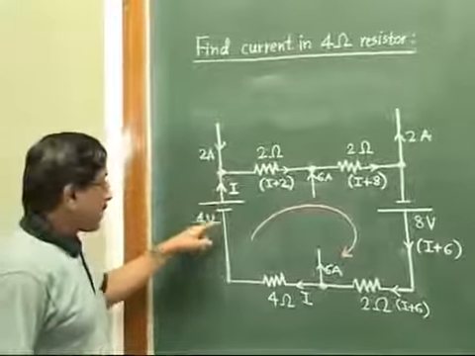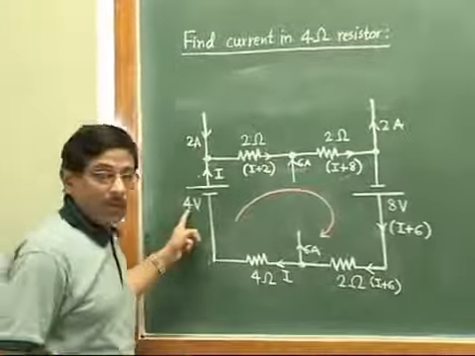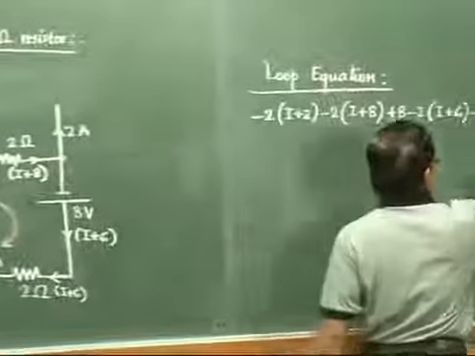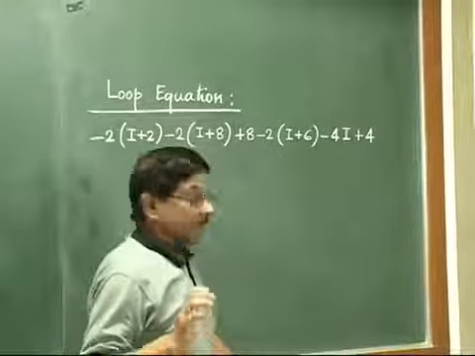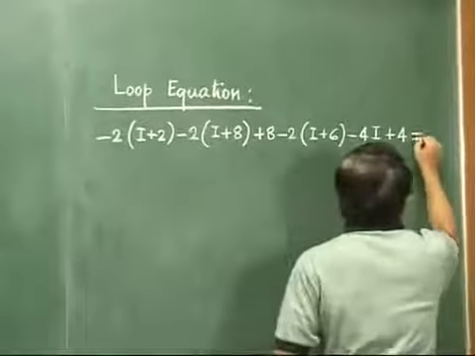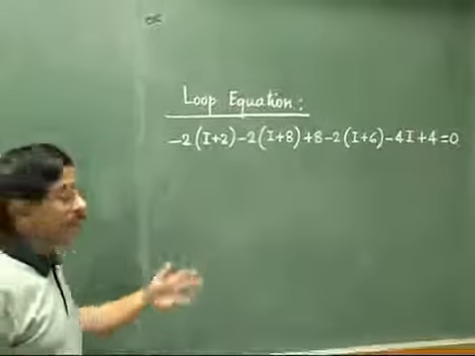Again there is a battery. We are jumping from negative to positive plate. So a voltage rise of 4 volts. So plus 4. And now we have traversed the entire loop. So this all thing will be equal to 0, and just simplify the equation. It is only one variable, one equation.